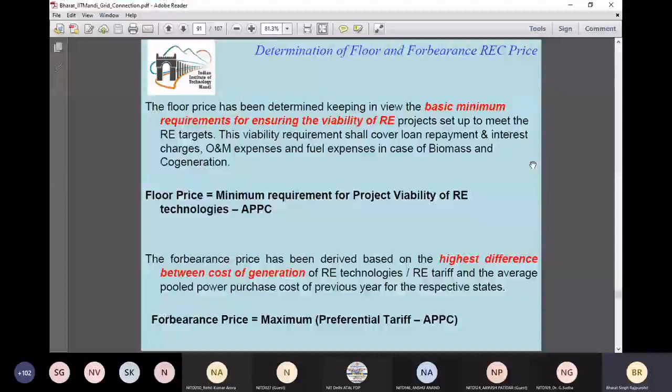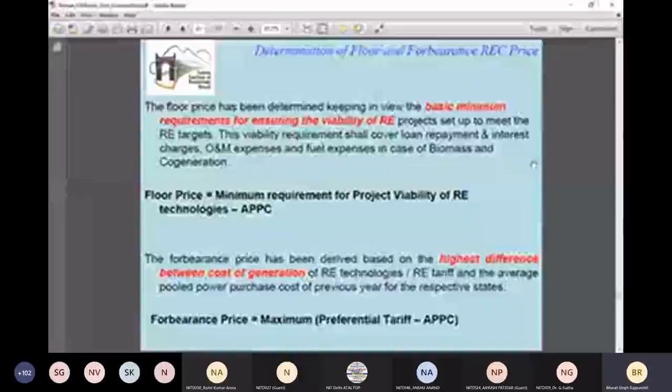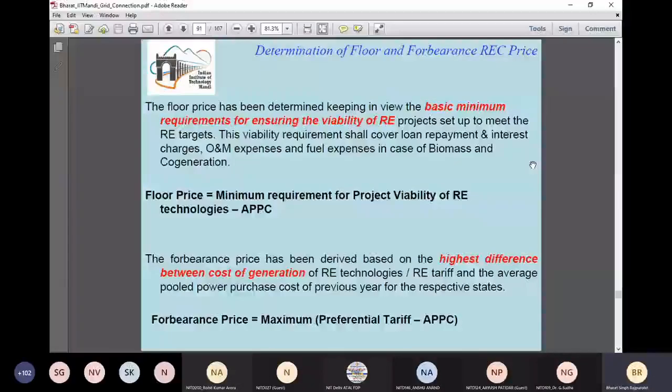It means if a wind farm is going to get 4.5 rupees, the project is viable, meaning the project is neither making profit nor making a loss. And this 4.5 minus average power purchase cost should be the floor price. Then our project through the REC certificate is going to be neither profitable nor at a loss. So this is how the floor price is obtained.